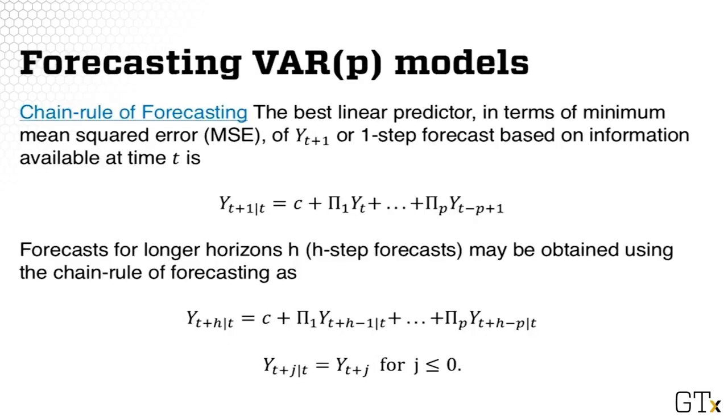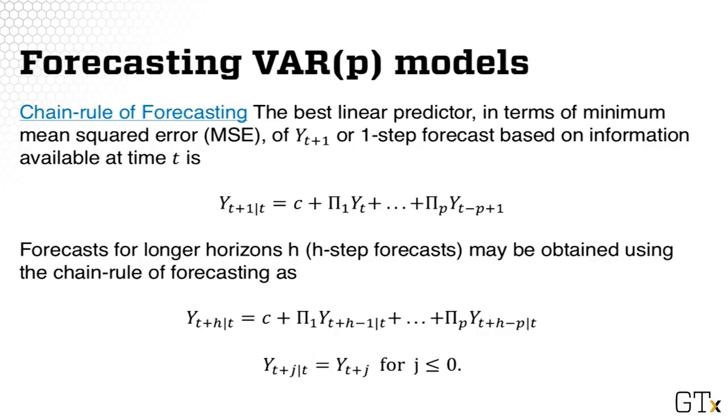Last, I will only briefly discuss forecasting of time series in a VAR model. Since the VAR models n time series simultaneously, we will need to forecast all n time series or only those of interest. Since VAR is a multivariate AR model, we can use the chain rule of forecasting.